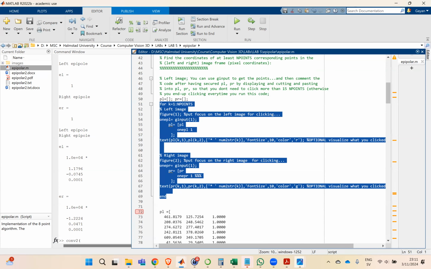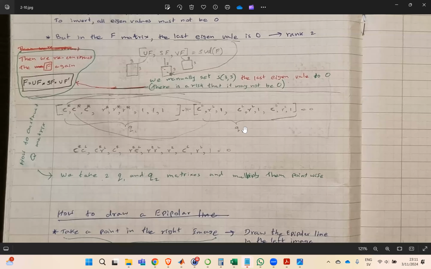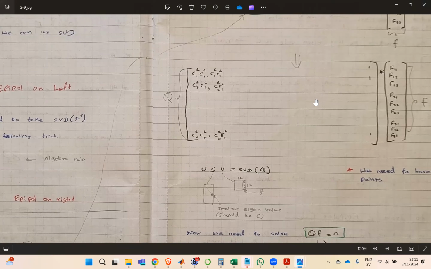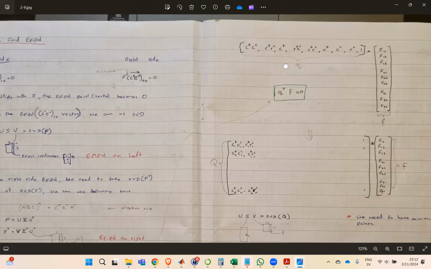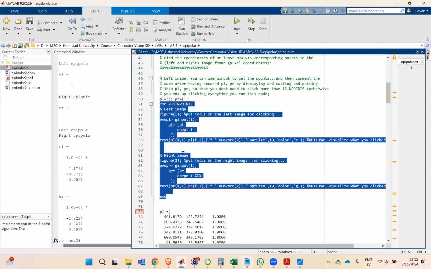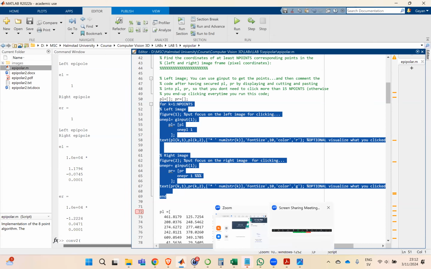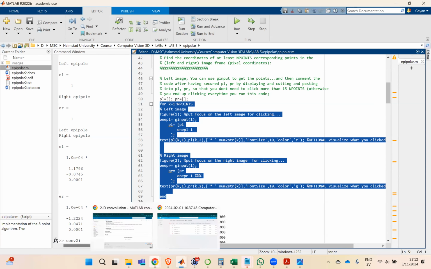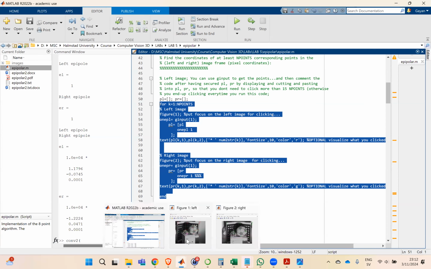Okay. So you guys remember what we did in here? We need to construct this Q matrix. To construct the Q matrix, we need the points in the left image and right image, right and left, columns and row, like that. So this program allows us to take from both sides. Let me keep this side by side.